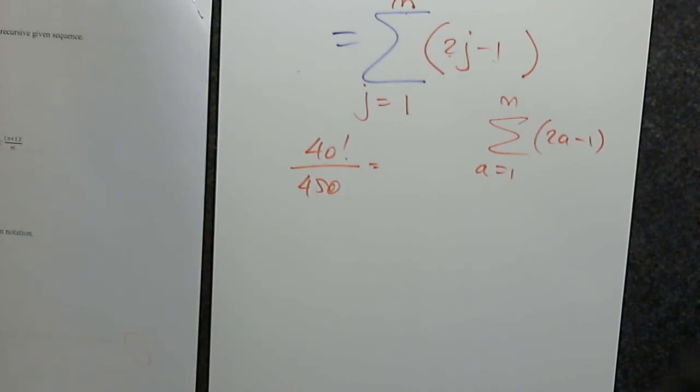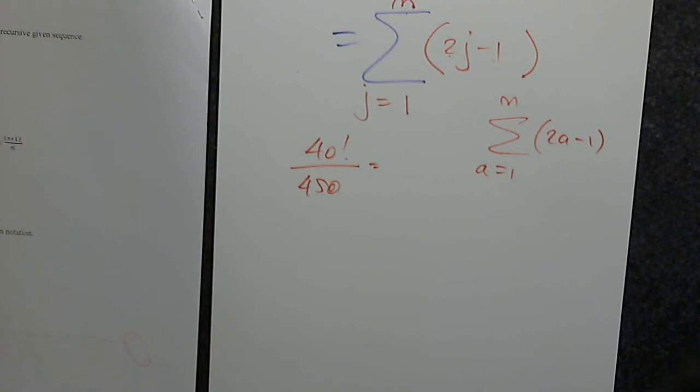Okay, so for 40 factorial divided by 450, be careful with that when you put it in the graphing calculator: 40, go to math, go to probabilities, choose 4, and divide by 450. Be very careful and read the result, because this is such a huge number that it doesn't fit anywhere.